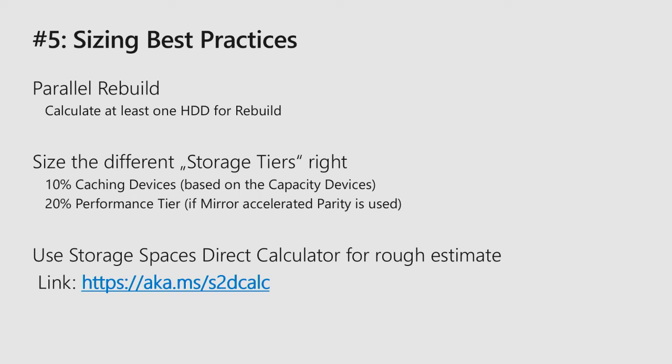If you have different storage tiers, like the 3-tier design, you have caching devices, performance devices, and your capacity devices. In our designs, we use 10% for caching, at least. I know that sounds very expensive, and it sometimes is, but you have a very performant design. Don't go with 2% or with 3%.